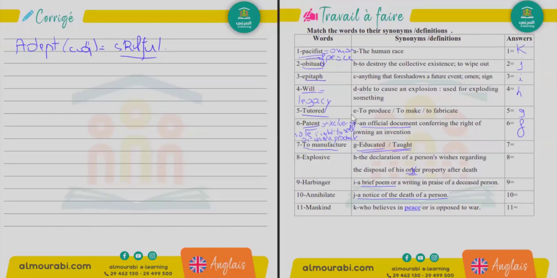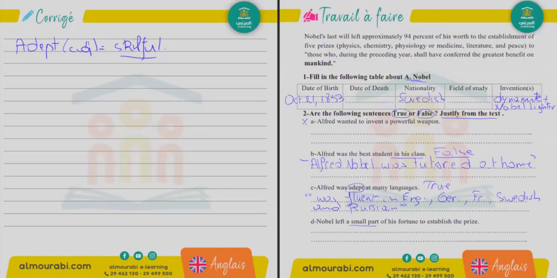E. E, yes, you said E, Lina, yes or no? He continued manufacturing that substance, or he continued producing, making, fabricating that explosive substance. Okay, that's manufacture. This is producing, simply making it, fabricating it. So we come back to the text.